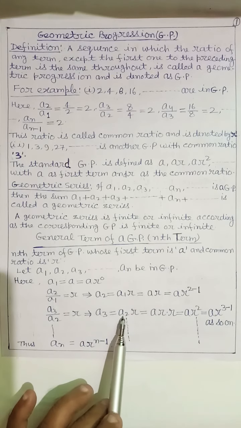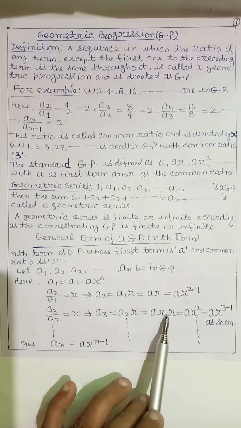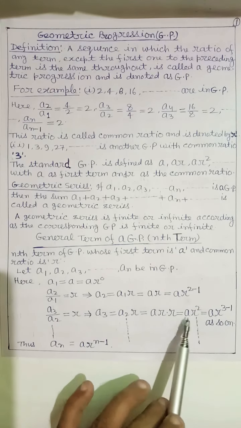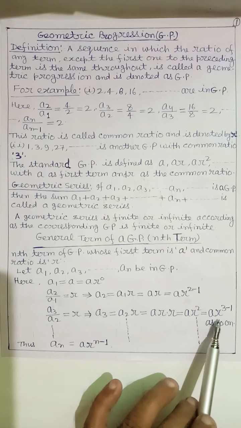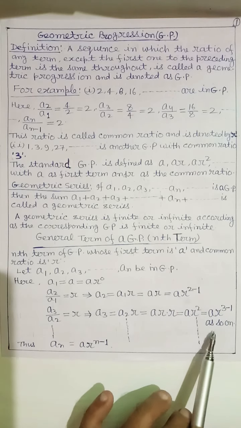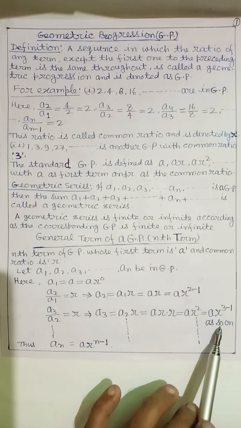So putting here the value of A2, we get AR into R, and this is equal to AR square, and this can be written A R to power 3 minus 1, and so on.